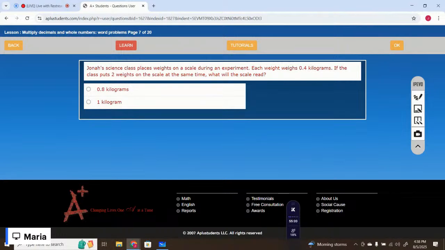Jonas' science class places weights on a scale during an experiment. Each weight weighs 0.4 kilograms.